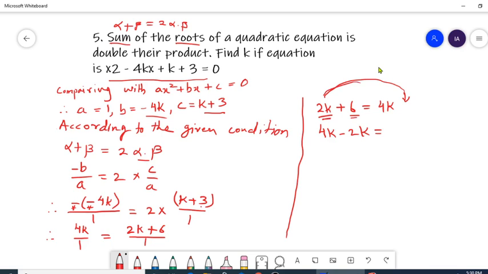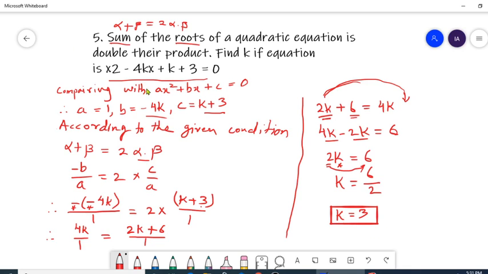So on the left hand side, 6 is remaining. Now we can subtract 2k from 4k, so that will give you 2k is equal to 6. Keeping k and 6 in their places, since this 2 is multiplying with k, I can bring it to this side and it will divide. So I can write this 2 in the denominator. So the final value of k will become 3. This is your final answer.